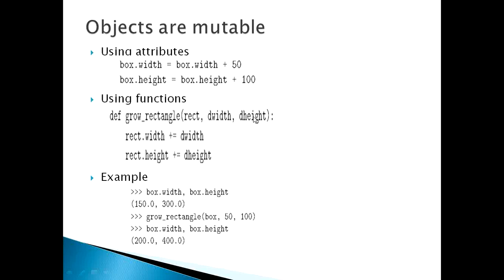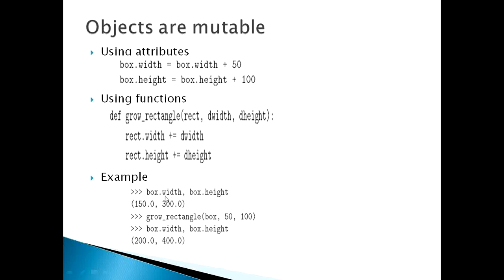Then we add the numbers to the width and height of the rectangle. Inside this function, whatever new arguments we have taken are getting added to the width and height of the rectangle, which we have defined already in the function as rect.